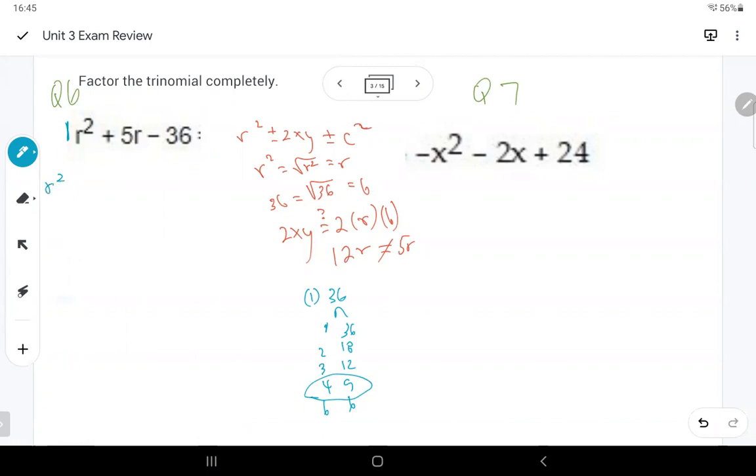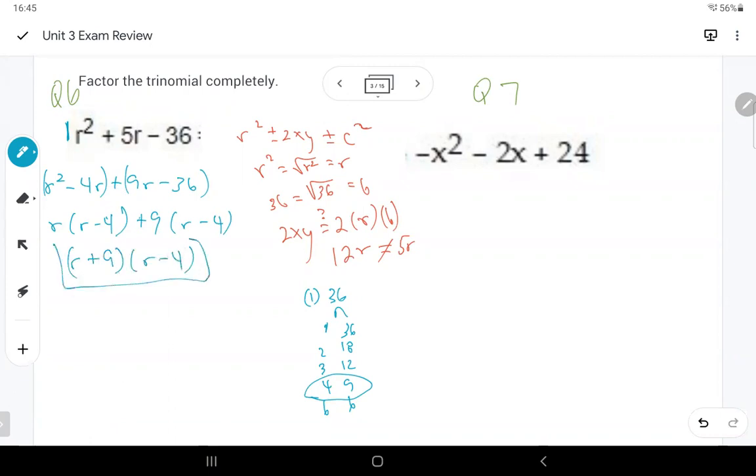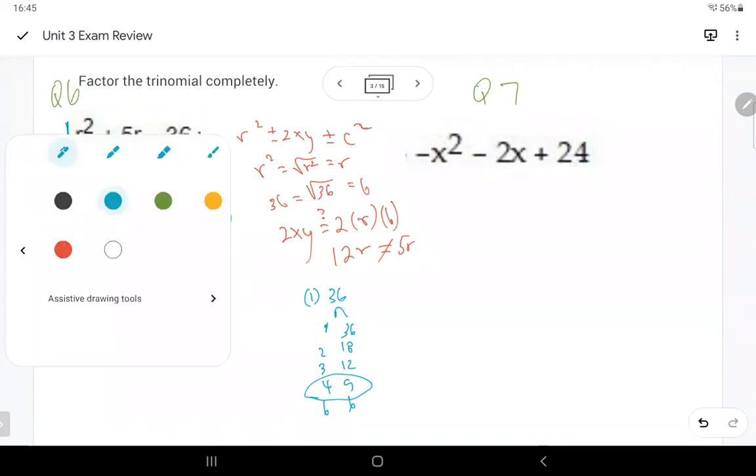We're going to do a negative 4r and a positive 9r. And go straight into our factoring. So r minus 4. And then we're going to bring a 9 out. Well, r minus 4 again. Bring them together, we get r plus 9 and r minus 4. Again, you could work it out to check it, but we don't have to.